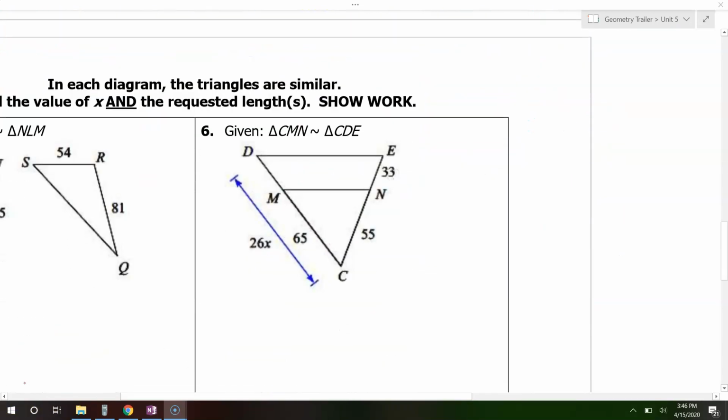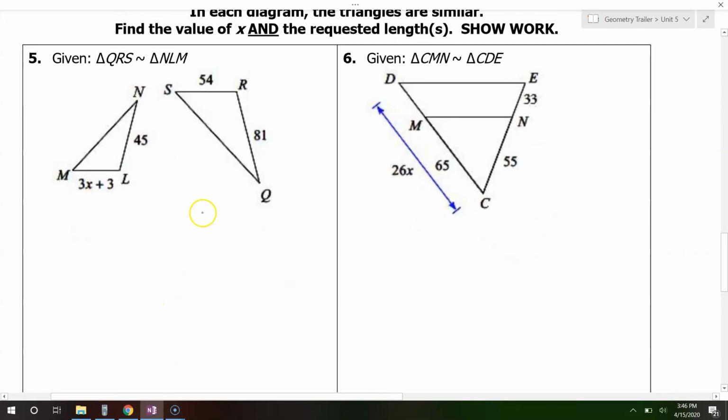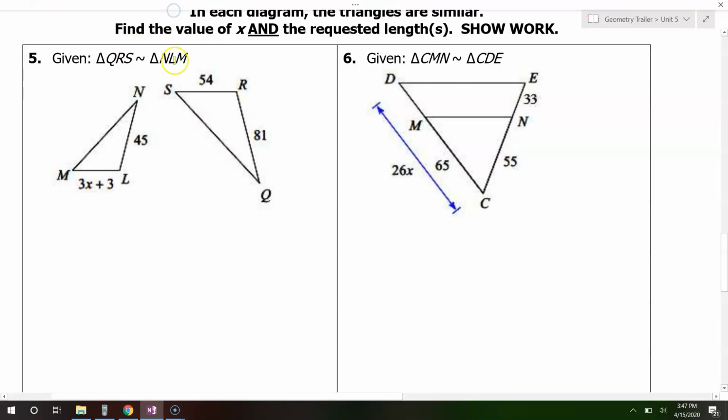All right, let's go on and take a look at problem number 5. Okay, well this time they drew the triangle separately for us, so that kind of saves us a step. It makes it even more important that we match up the corresponding sides though, because the triangles are not necessarily rotated the same way. So let's be very careful.